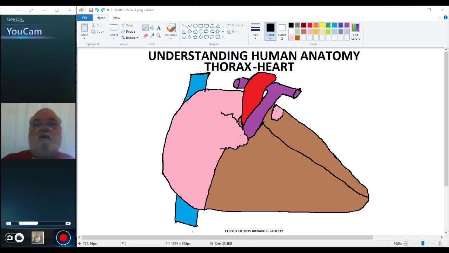So I took a diagram that we did previously showing an anterior view of the heart and the external structures, and I'm going to cut a window in the right atrium. Like so.